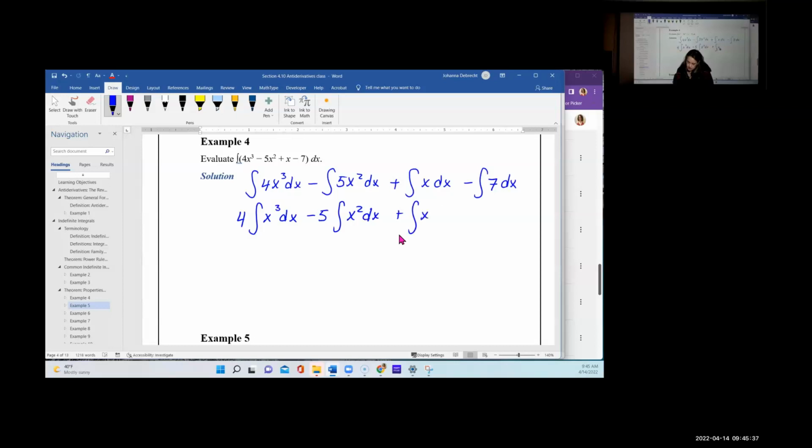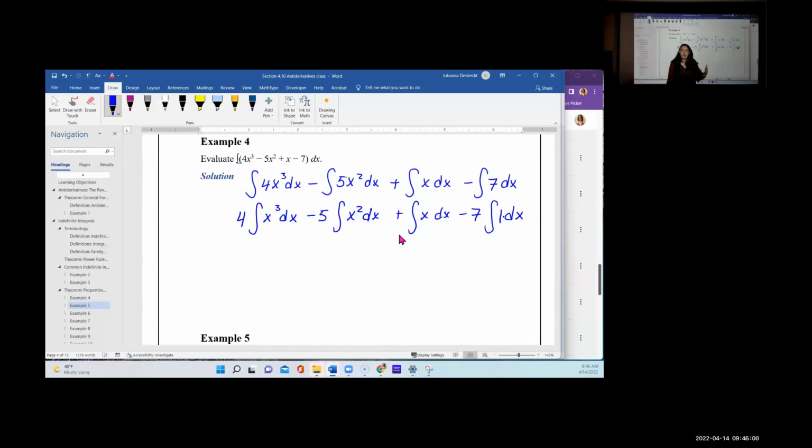So we have the integral of x dx, and this last one I can write as -7 times the integral of dx. Now it looks a little weird to just have the dx by itself down here on the last one. So some students will go ahead and write in a 1 dx just to indicate that there is a constant there. So this is that constant rule.